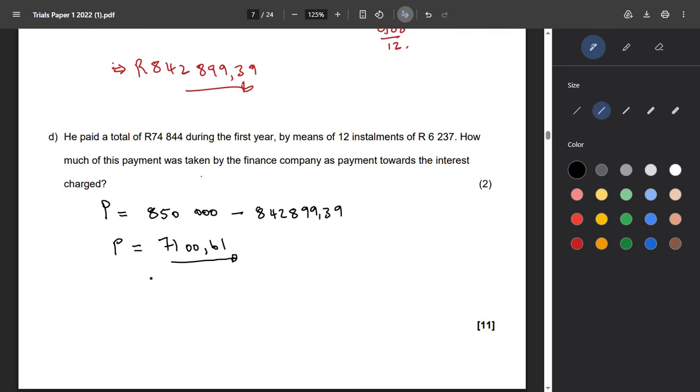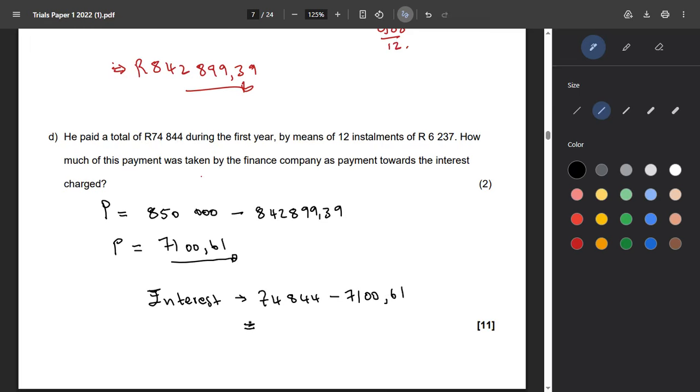So if we need to understand, we need to take this amount and subtract it from how much he paid to find the interest that was taken by the finance. He paid 74,844. You subtract the 7100.61.